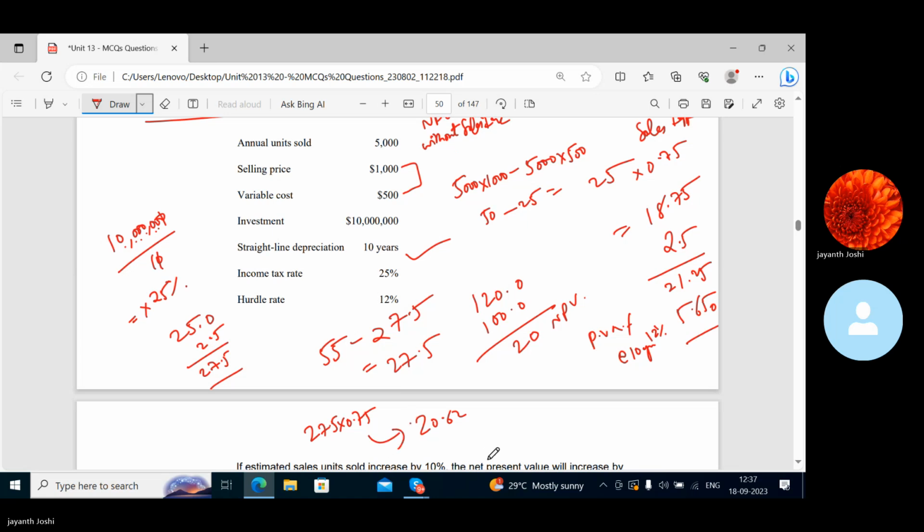And then after getting 20.62, depreciation tax shield is 2.5. You have to add. Yes, tax shield, it's a saving now. It's a cash saving, right?